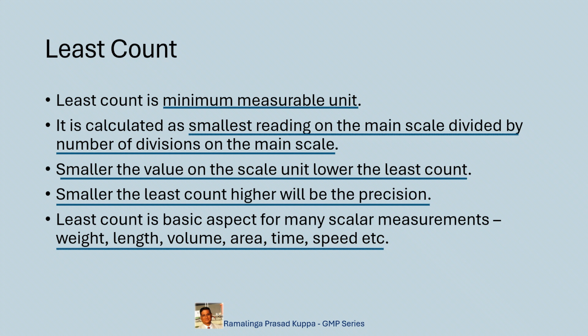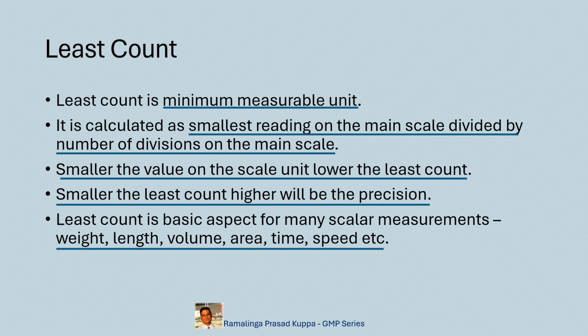For measuring the height or diameter of an HDPE drum, the least count could be 1 millimeter, whereas for measuring the thickness of an aluminum foil, the least count should be in micrometers.